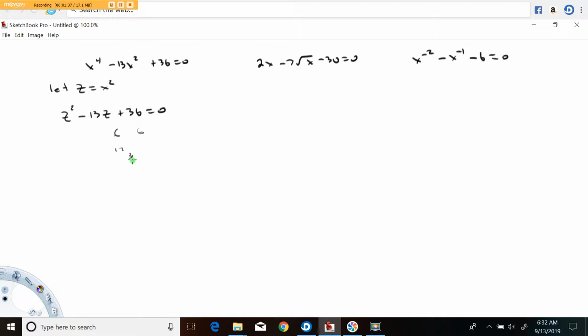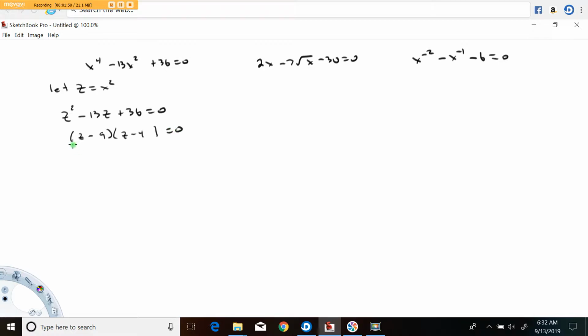Doesn't really look to me like that's going to factor. Oh, 9 and 4. Okay, yeah, I think this thing is going to factor. So let's go ahead and factor it. This will factor into z minus 9 times z minus 4.